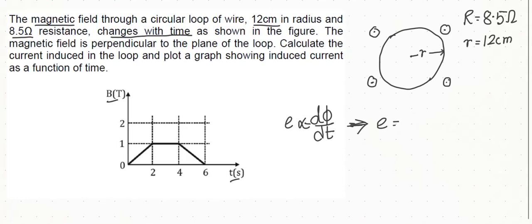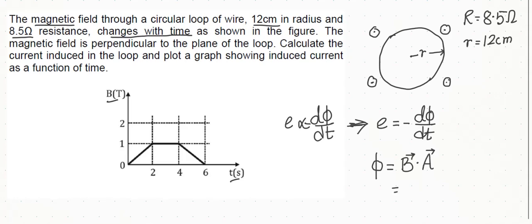Then under this consideration, the EMF induced E is equal to minus d phi by dt, and the magnetic flux is defined as phi is equal to B dot A.